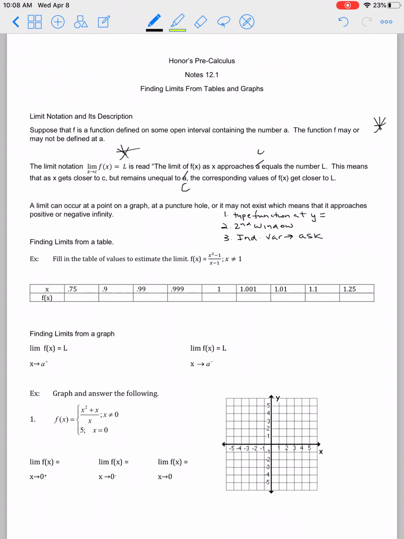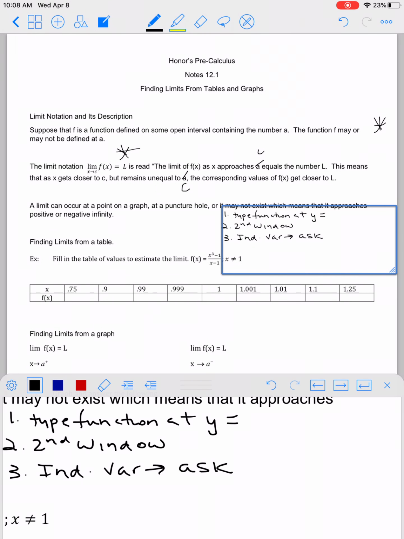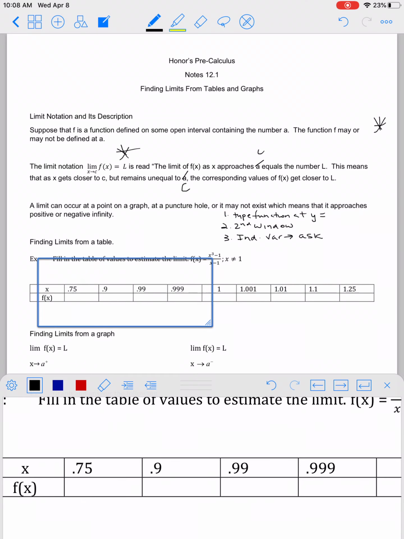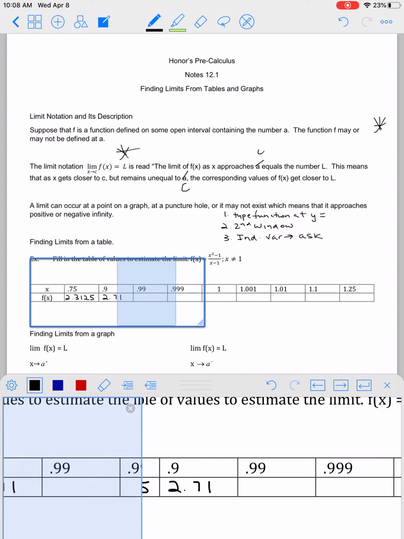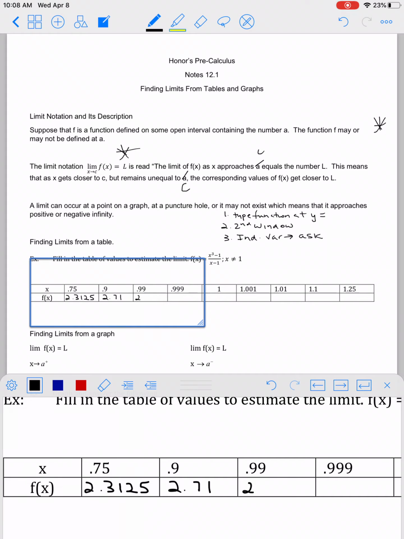So when you do that, then we're going to look at our table here, and we're going to start with these values. When I plug in a 0.75, I get 2.3125, and a 0.9 is 2.71, and a 0.99 is 2.9701, and the 0.999 is 2.997.